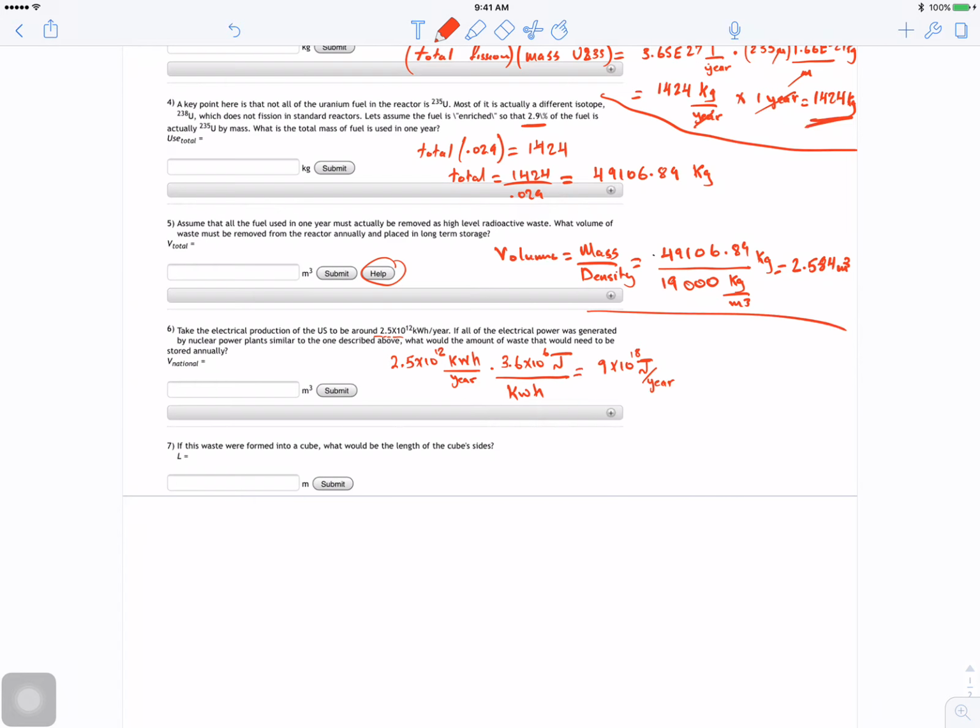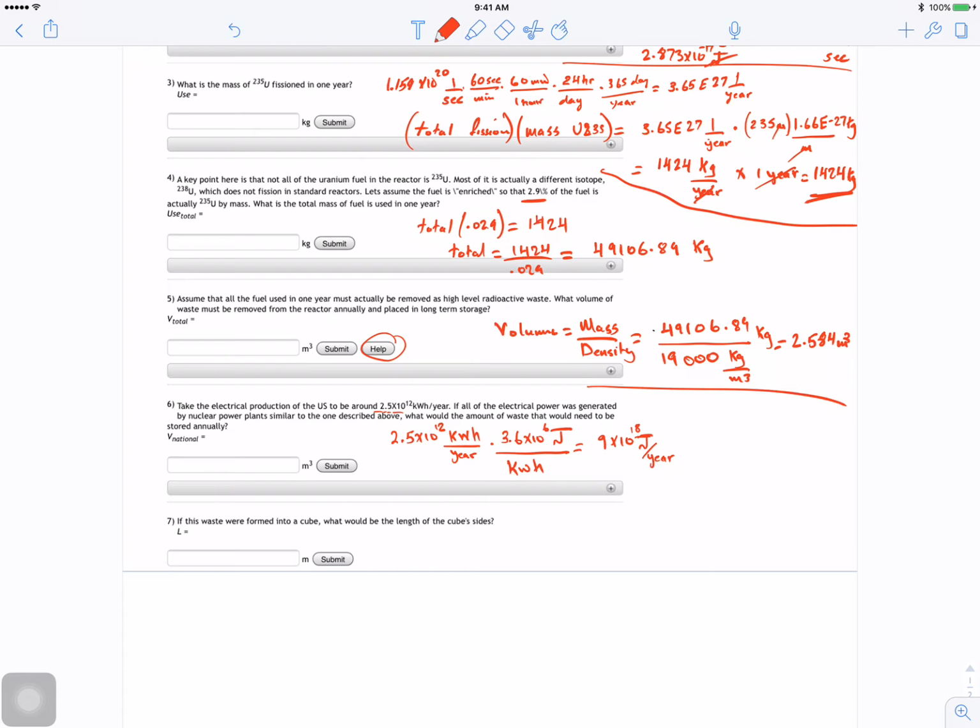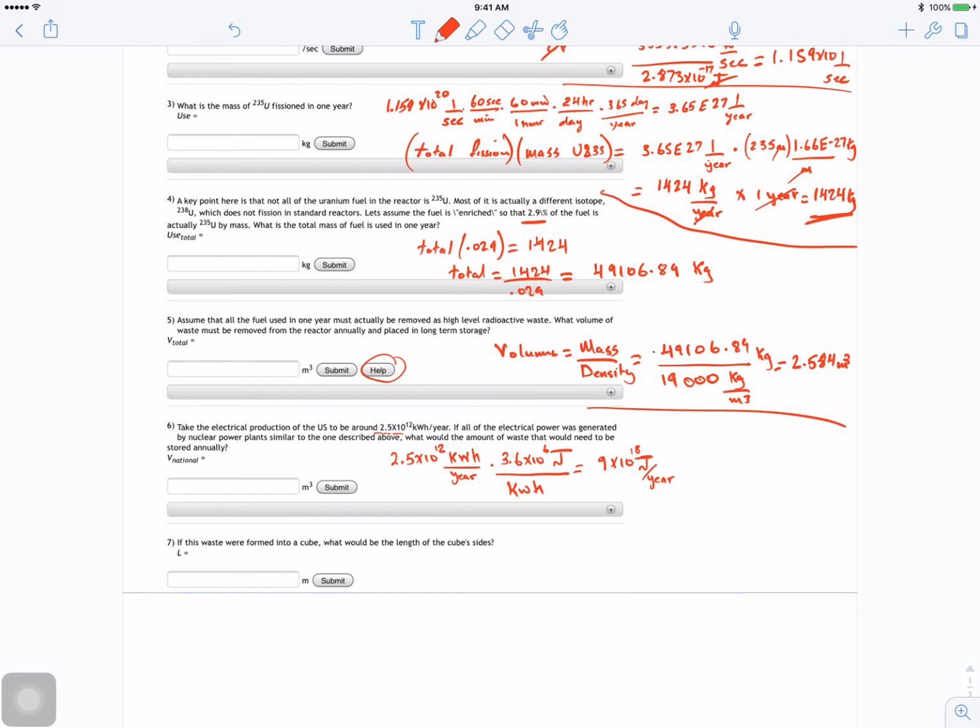But that's how much the US uses. Remember, there is efficiency, and that's only 30%. This energy is just a ratio.